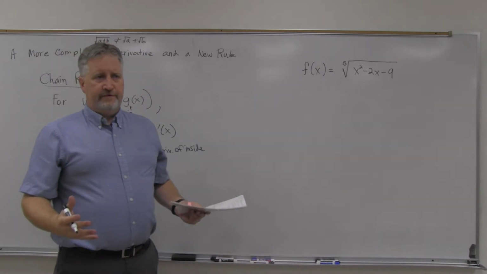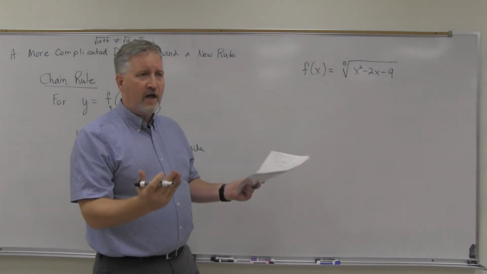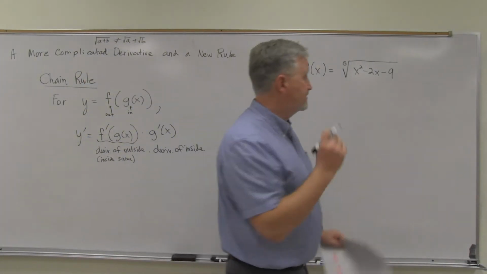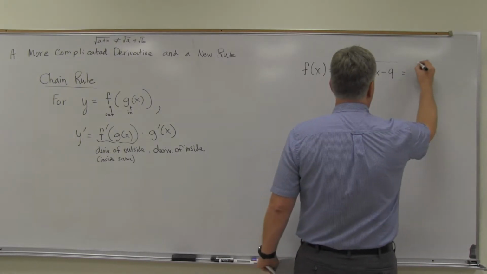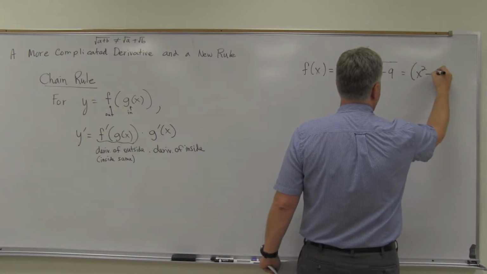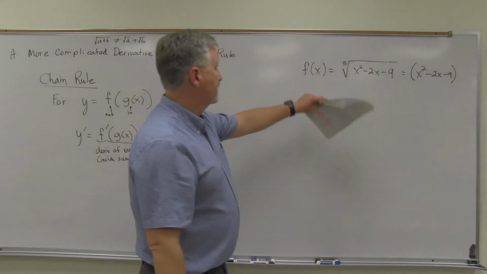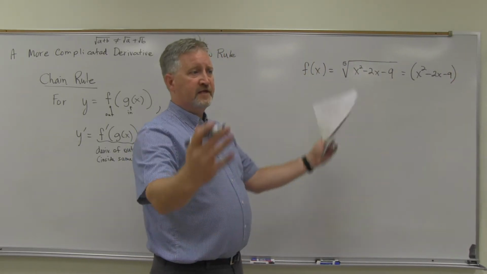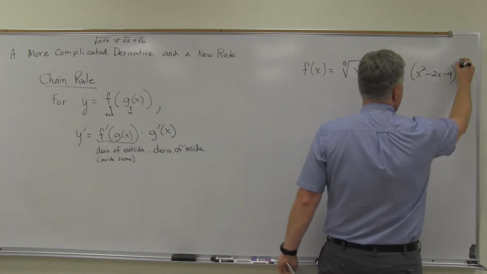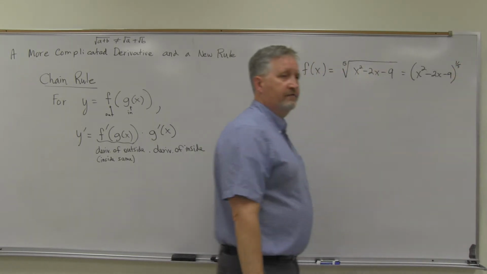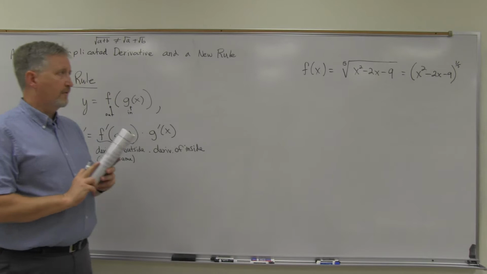One thing that's helpful in the chain rule is if you can write it with parentheses, and of course, that's what we're going to do here. It would be x squared minus 2x minus 9 in parentheses to what power? Well, it's the 5th root, so 1/5 power. Right? 5th root is 1/5 power.